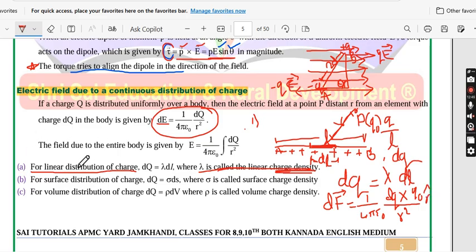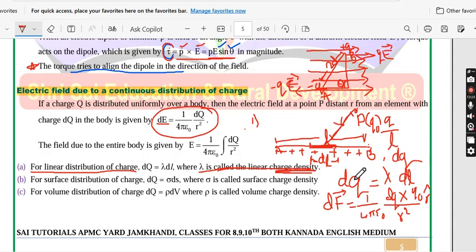So this is all about the linear distribution of charge. Let us consider the wire AB which is having the length L. A charge Q is distributed uniformly over that length L of wire. So let us consider the small length dl whose charge is acting on a point P, that is q naught, whose distance is r.